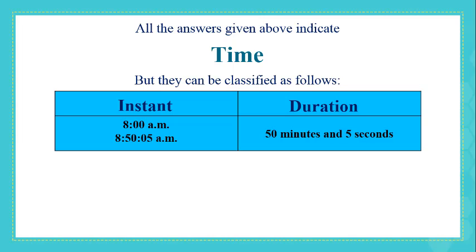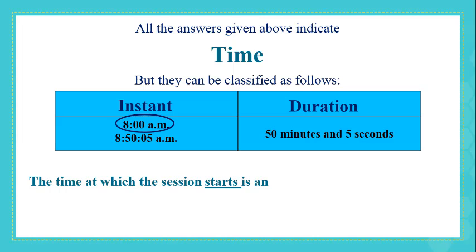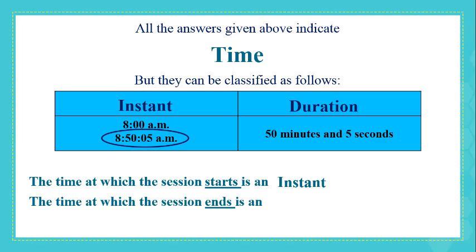What's the difference between instant and duration? 8 o'clock, which is the time at which the session starts, is classified as instant. 8:50 minutes 5 seconds, which is the time at which the session ends, is classified as instant also.